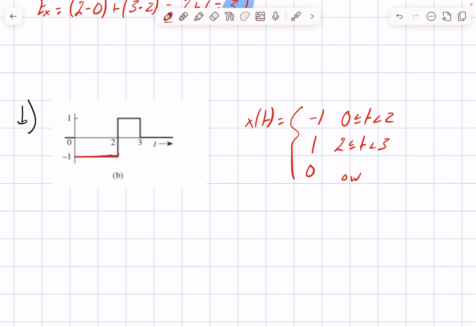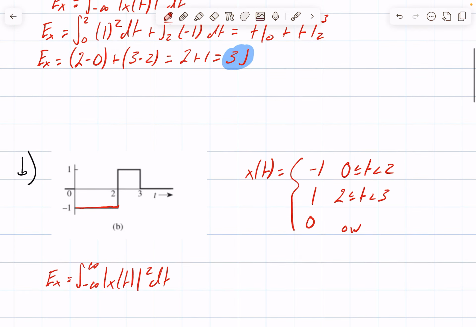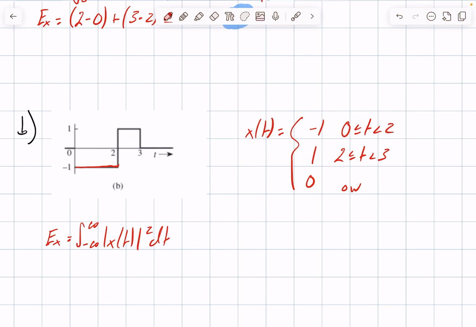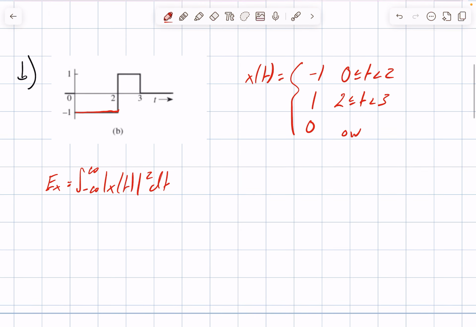So using the same formula from last time, I'll go ahead and write it down again so we have it here. Now just by looking at the function that we have, we can assume that the answer will be exactly the same. It'll just be 3 joules for the energy. And the reason being is that this is an absolute function. So plugging in these numbers, we will see that that does happen.